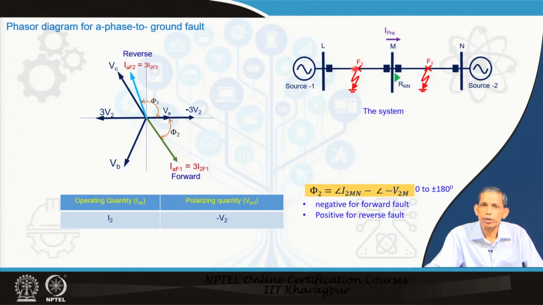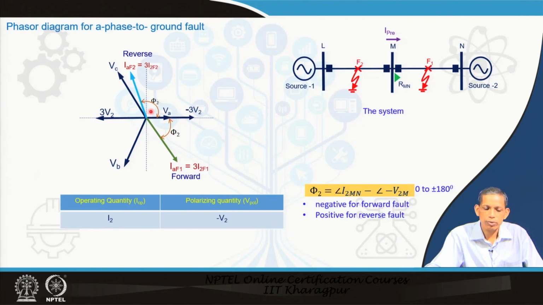Now, we will see F2, the reverse fault. In the case of a reverse fault, the current direction changes, and the voltage is similar in nature, with the same VA, VB, VC positions and 3 V2. The current is reversed, so the current is upward now for the phase A to ground fault we are considering. So, the I2 direction becomes this one, and in a similar way minus 3 V2 becomes this.